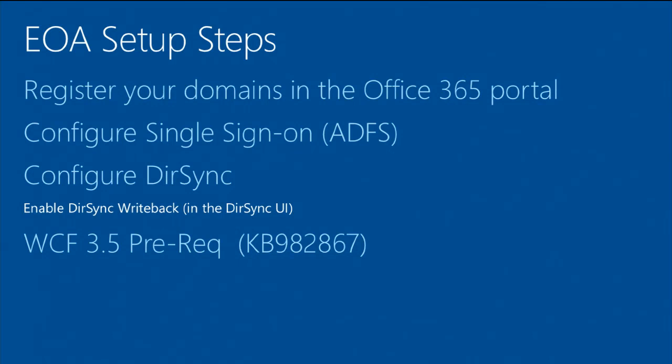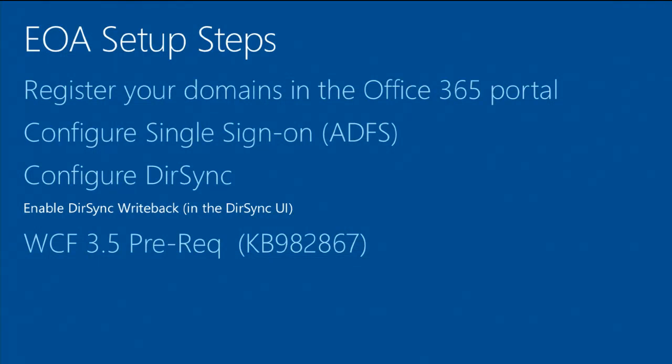You configure single sign-on, which is ADFS. Configure DIRSync. Now, one of the differences of EOA is you configure DIRSync write back. When you provision, it needs to be able to come back and write to your Active Directory, and it only is allowed to write a specific set of attributes.